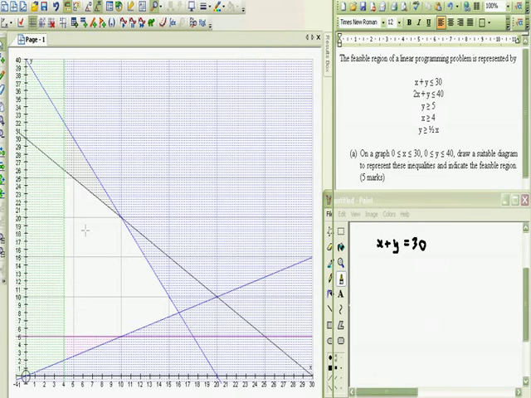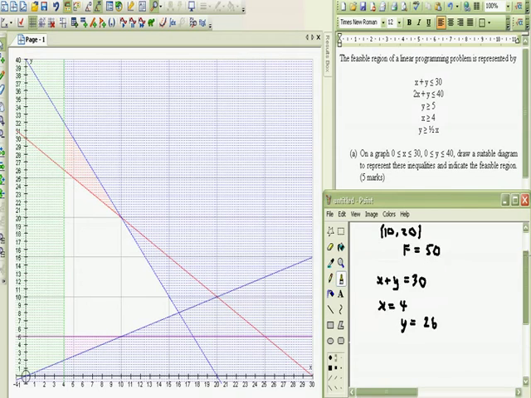Yep, x is equal to 4. So substitute x is 4 into this equation, and I find that y must be 26. So the coordinates of the intersection point are 4, 26.